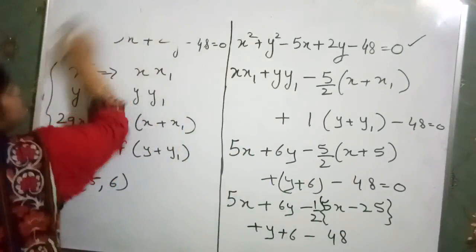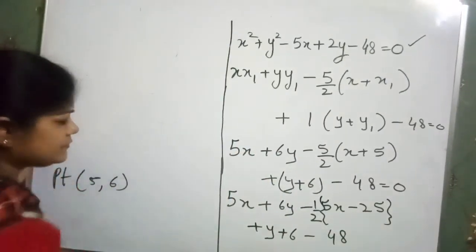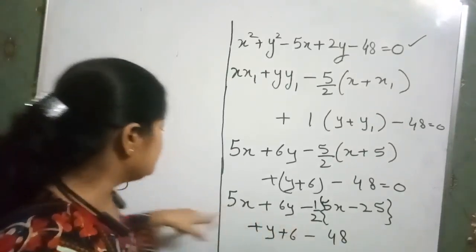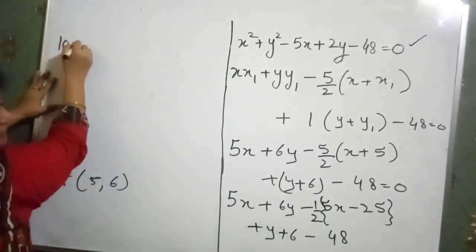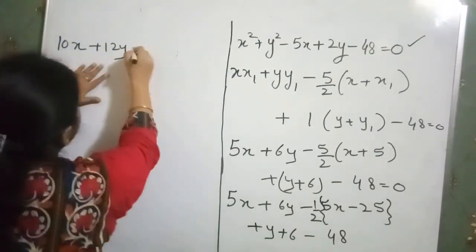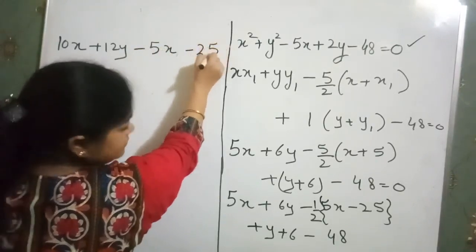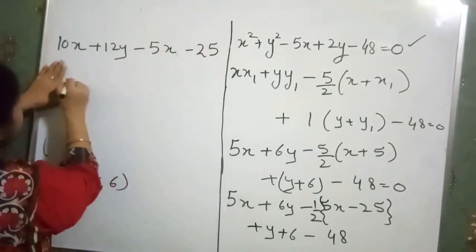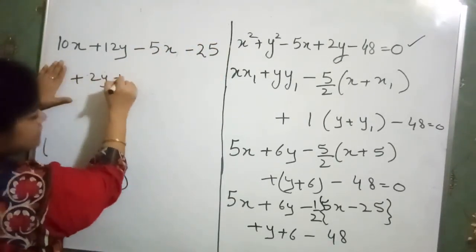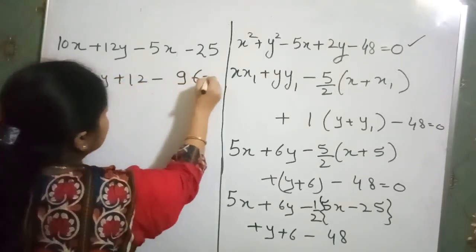Now multiply the equation by 2: 2 5s are 10x, 2 6s are 12y, minus 5x minus 25, plus 2y plus 12, minus 2 8s are 16, 2 4s are 8, 96.